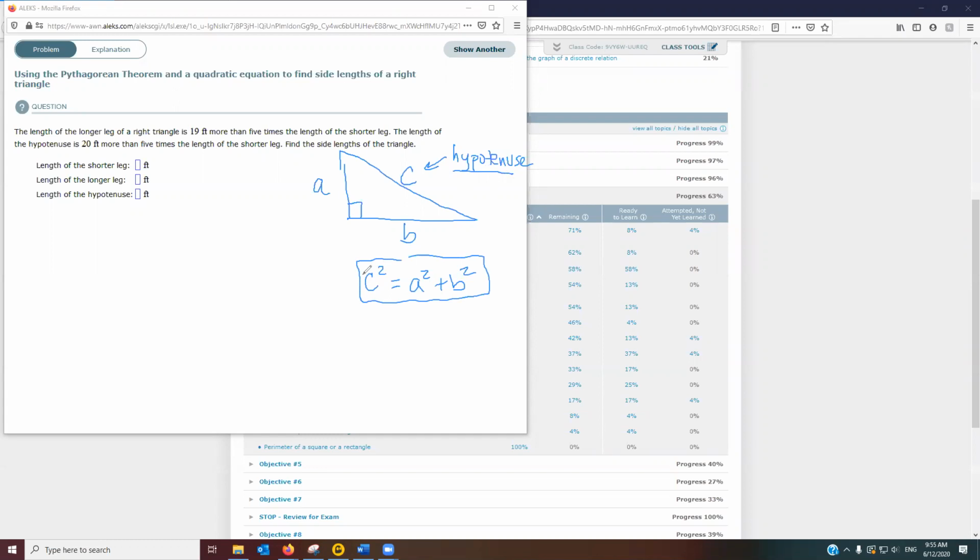All right, let's go ahead and try to set up this equation. It says the length of the longer leg of a right triangle is 19 feet more than 5 times the length of the shorter leg. So notice I really don't know much about the shorter leg. So how about if I let x equal the length of the shorter leg?